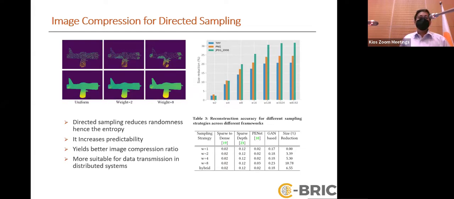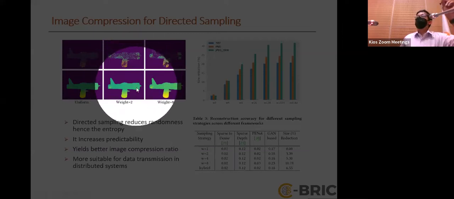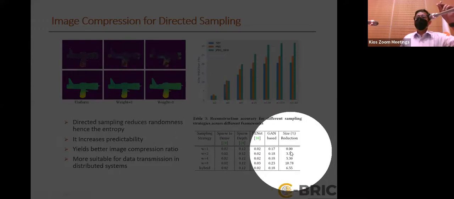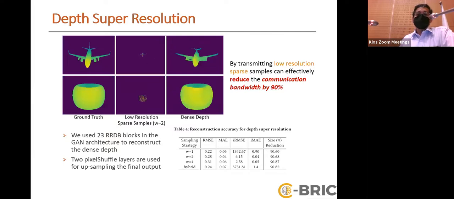Many of the samples obtained are clustered together, so the entropy of the sampled data points is much smaller, which means they are much more compressible. And when you start thinking about sending things back to the back end, there's an additional saving for the same quality that you'll get in this directed LiDAR sensing, as opposed to just simultaneous LiDAR and RGB sensing.